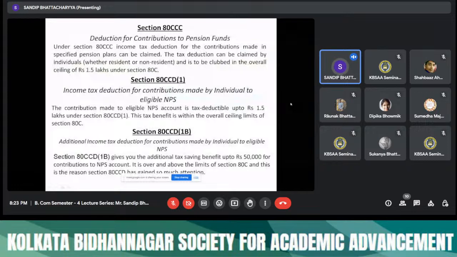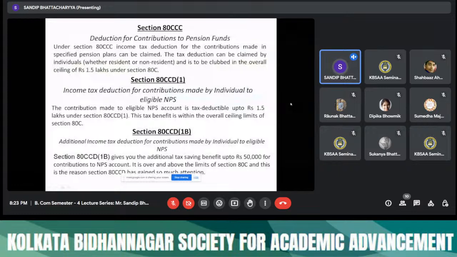Suppose Atal Pension Yojana, this is a nationalized pension scheme. And what is the maximum amount? Sir, under section 80C plus 80CCC plus 80CCD(1), the aggregate of the three, maximum you will get 1,50,000.